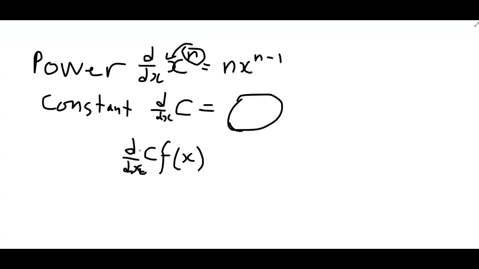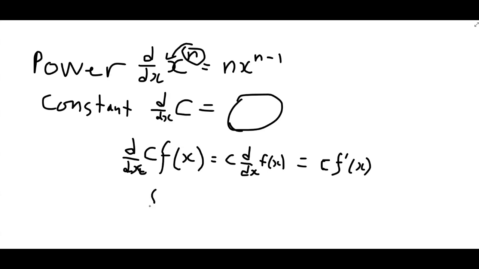All you got to do is pull out the c to the front and then take the derivative of the function f with respect to x. So I could write that as c times f prime of x. Okay. And for sums and differences, this is pretty straightforward.